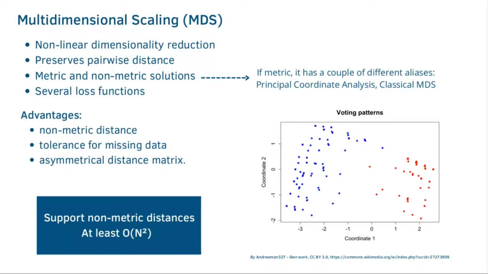And then we have multidimensional scaling. Multidimensional scaling is very similar to those two, in the sense that you are also working with a matrix and trying to calculate some distance between points. But what it does really well is preserve the pairwise distance between the points that you have.